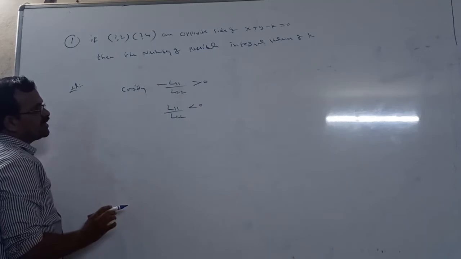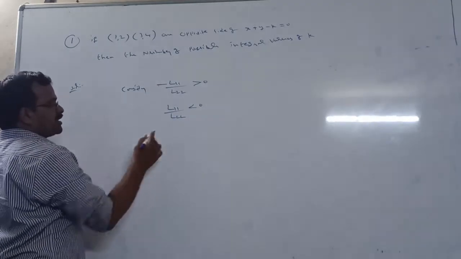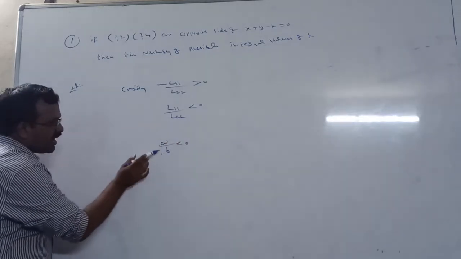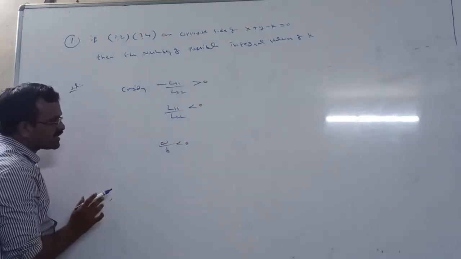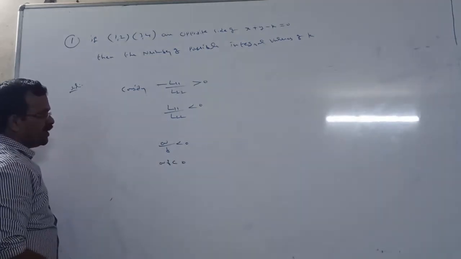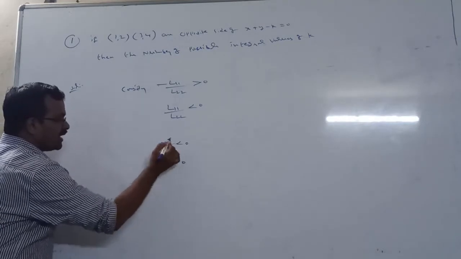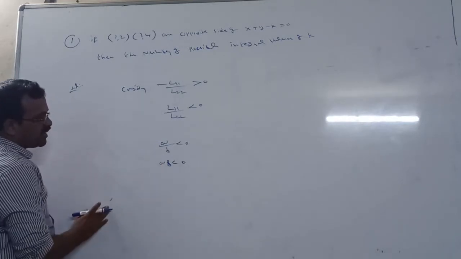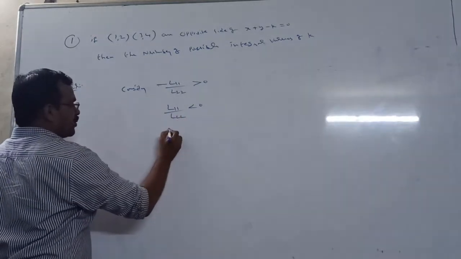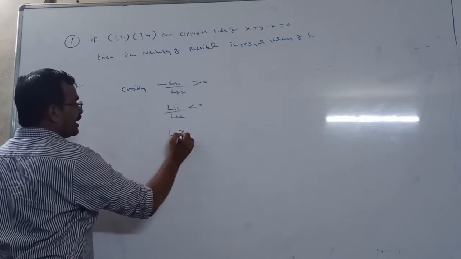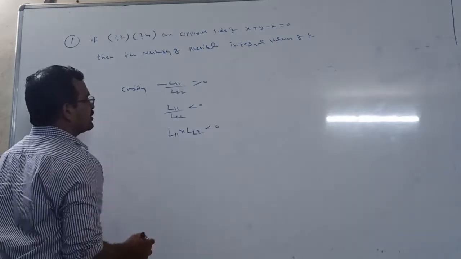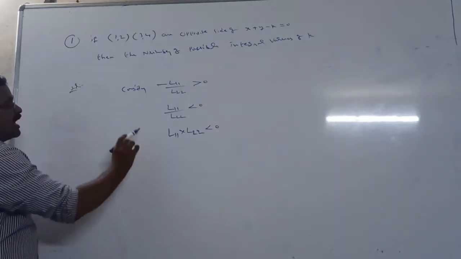Suppose A by B is less than 0, then A and B have opposite signs, and the product is also less than 0. A into B less than 0 means A by B less than 0. By this general concept, L11 into L22 is also less than 0. So use this concept.